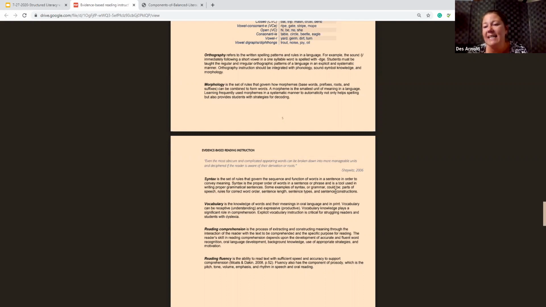Reading comprehension always has to be there. It's just going to look different. The difference between a text-dependent analysis and a text-dependent question, for example. You wouldn't necessarily have a first grader analyze the text. You might have them answer a question. So the comprehension is always there.